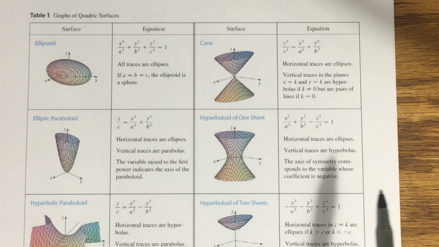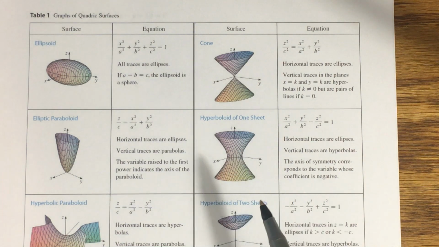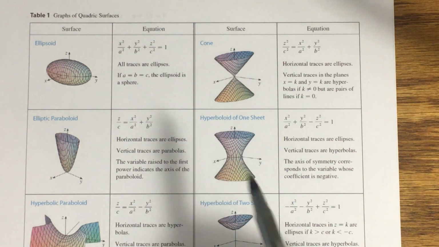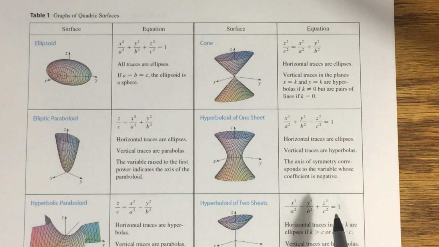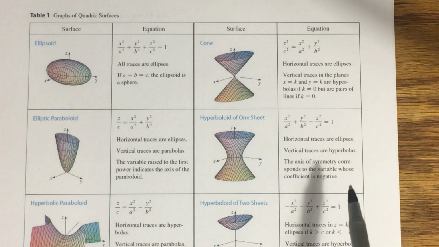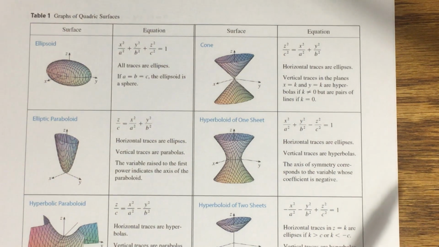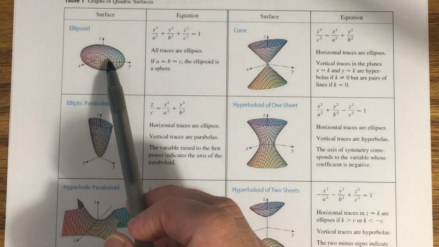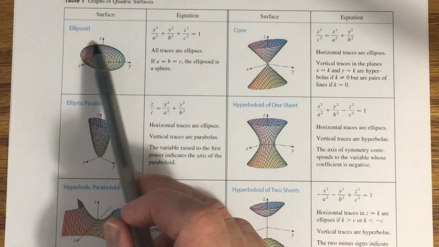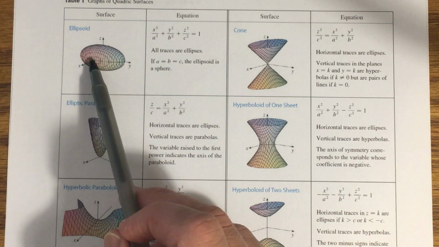And they all look very similar, but it's helpful to think about their differences so you can see why different equations lead to different surfaces. One thing that I always like to look at with these equations is whether or not the origin should belong on the surface. So for example, the ellipsoid does not have the origin on the surface.